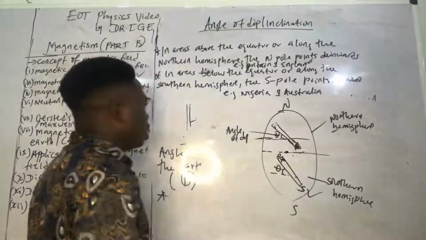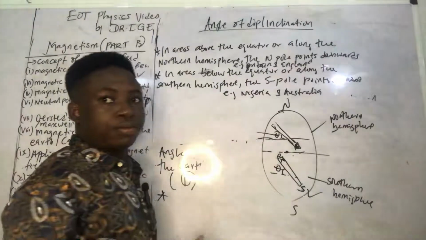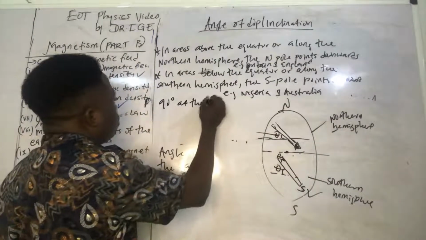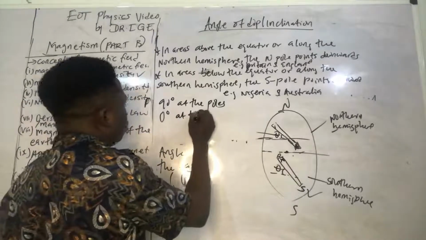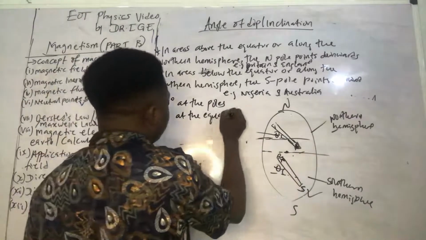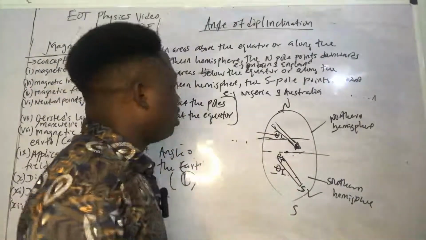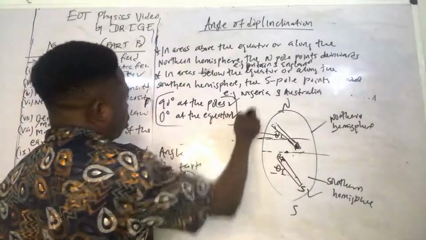And please also take note that angle of dip is 90 degrees at the poles and 0 degrees at the equator. I don't think any question has come out in this topic without this. They ask it every time. So the value of the angle of dip at the poles is 90 degrees, while at the equator is 0 degrees.